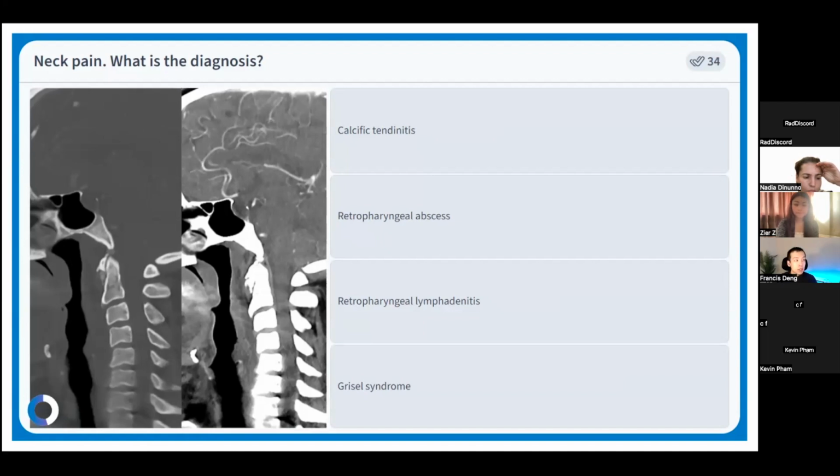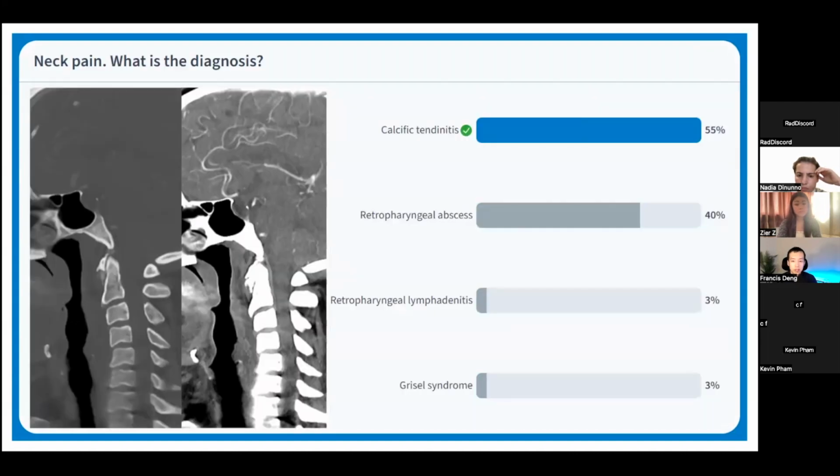There are 86 participants in the Zoom, 34 people answering so far. Okay, very good. A slight majority of you got the answer correct, which is calcific tendinitis.